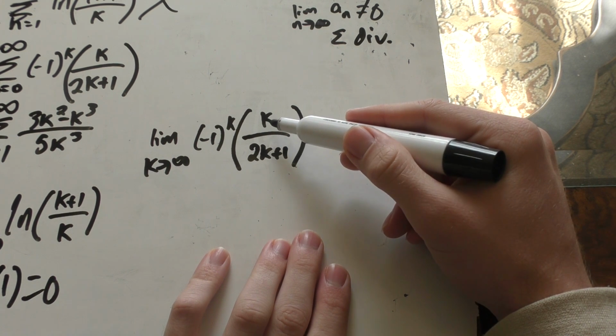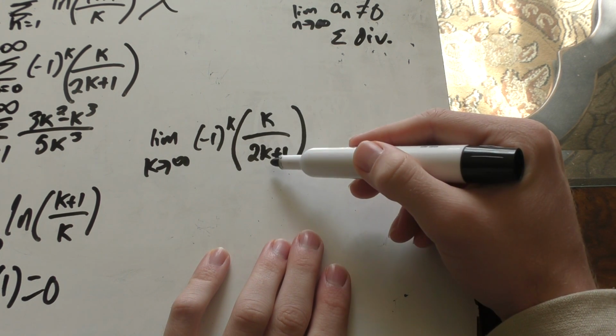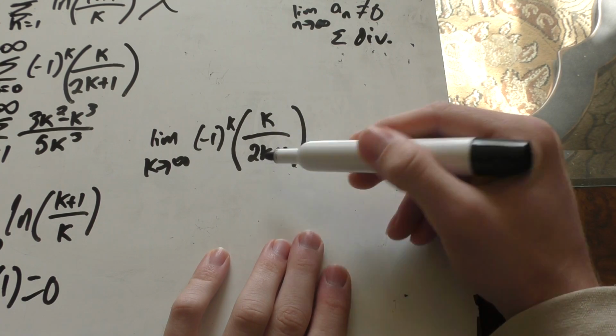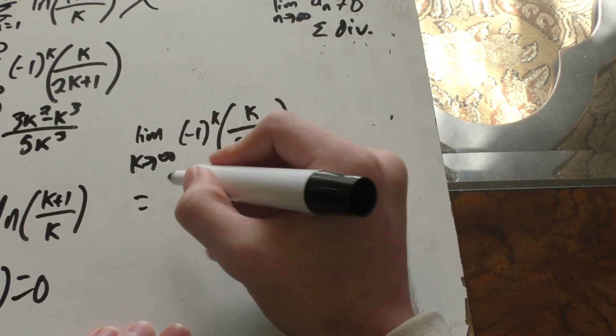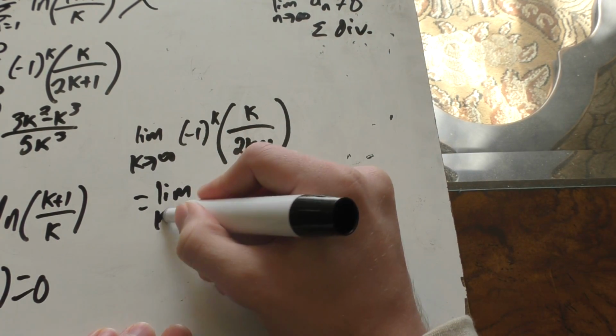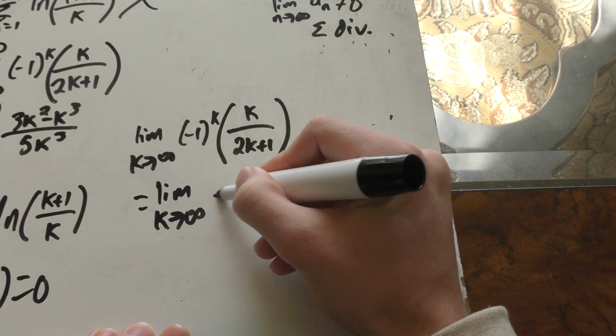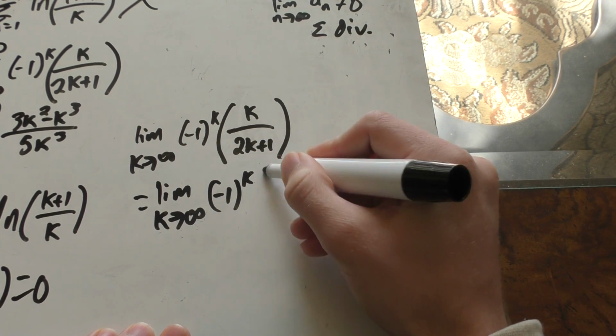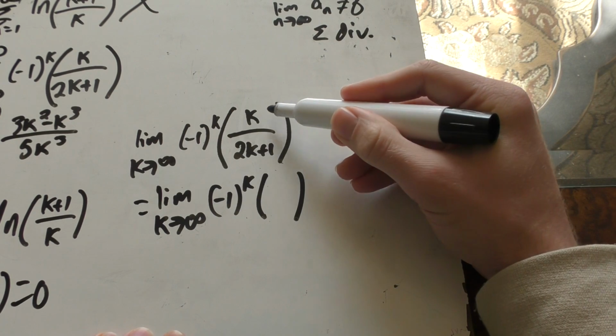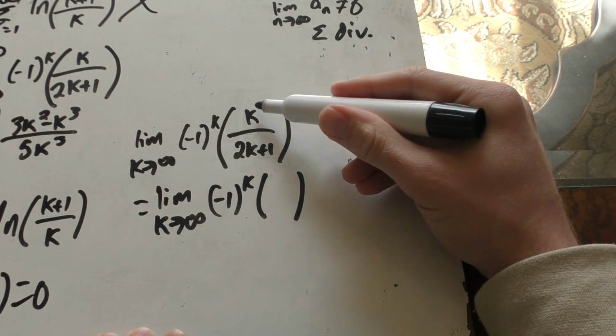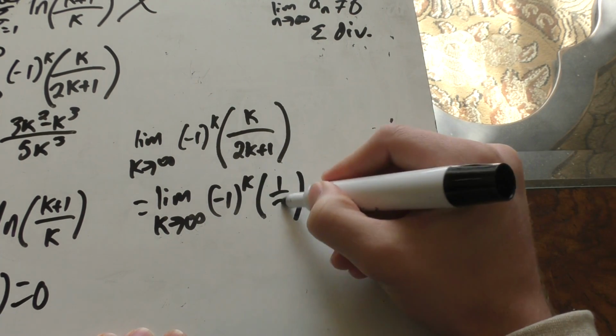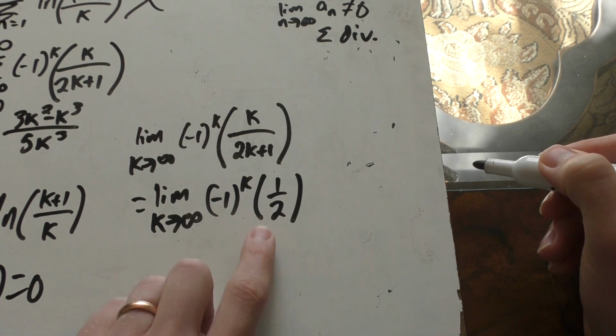So the dominating term on top is k and the dominating term down there is 2k. This limit we can really think about as equivalent to negative 1 to the k times k over 2k, the k's will cancel out, leaving 1/2. And as k goes to infinity, what's going to happen to this?